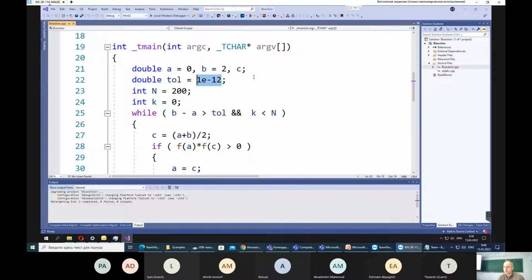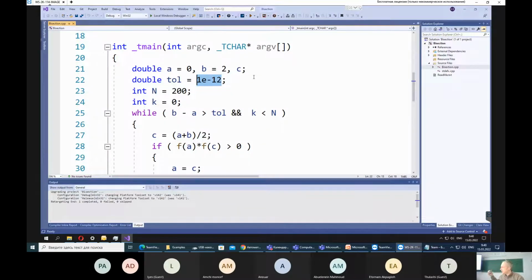Do you remember this notation? 1e minus 12. What does it mean? It's a notation for power. The symbol e means 10 raised to some power.